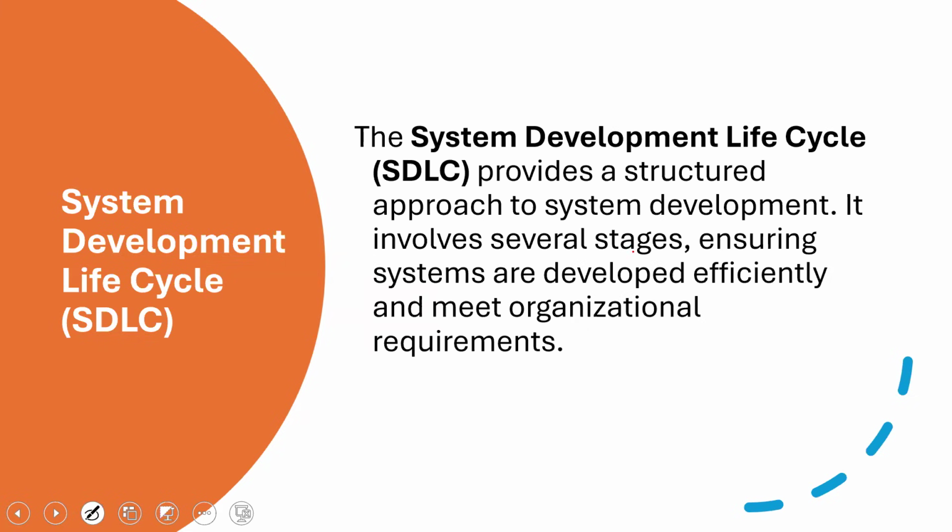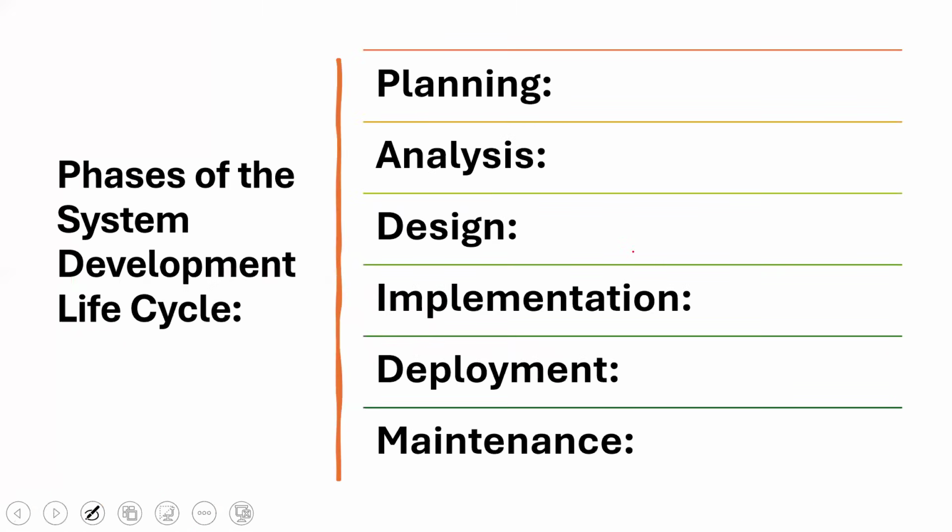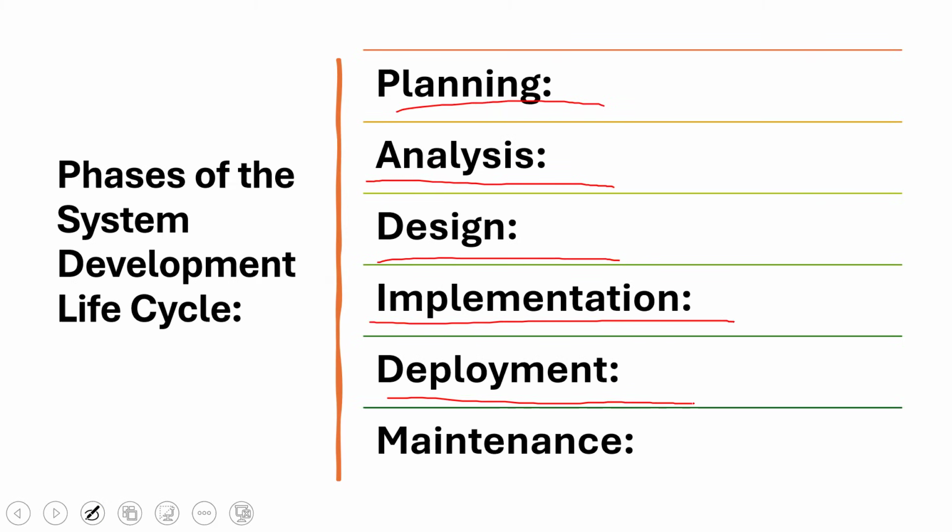It involves several stages, ensuring systems are developed efficiently and meet organizational requirements. Okay, and the phases of that life cycle include the planning phase, the analysis phase, the design phase, the implementation phase, the development or deployment phase, then you have the maintenance phase. These are the phases of the system development life cycle.